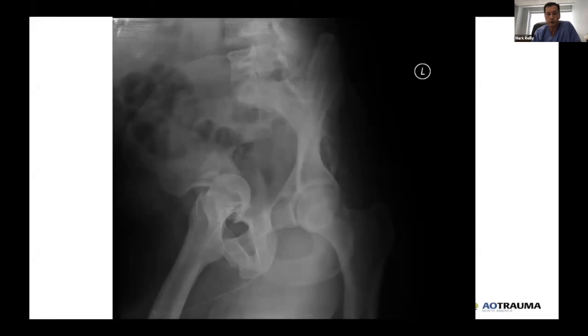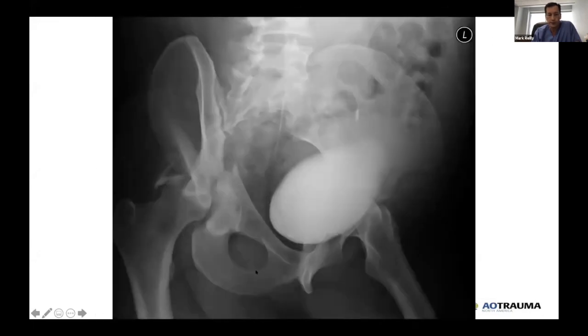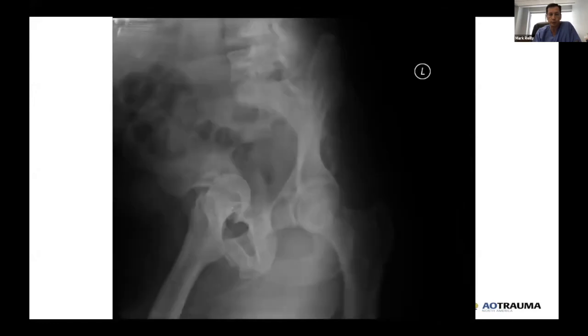If we look at the obturator oblique, we do not see a fracture of the ischial ramus, and so that would rule out the T-shaped fracture. We see a disruption of the iliopectineal line, which is the anterior column extension of the transverse fracture, so this would not be a posterior column plus posterior wall fracture. The vast majority of you were correct in selecting transverse posterior wall.